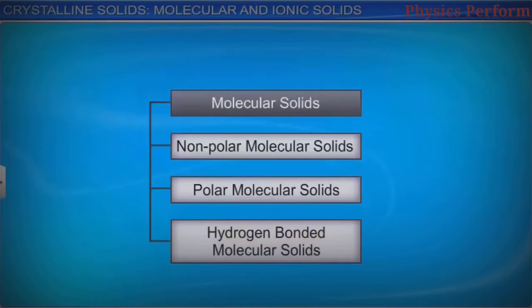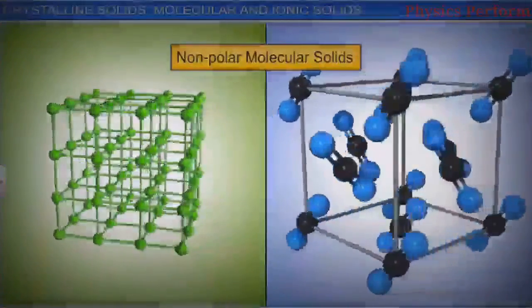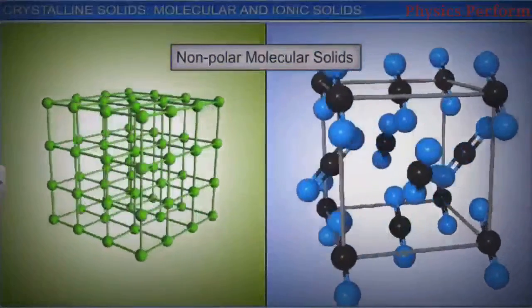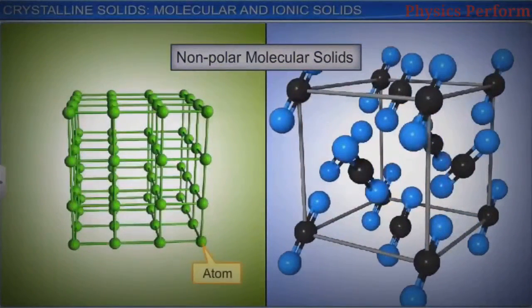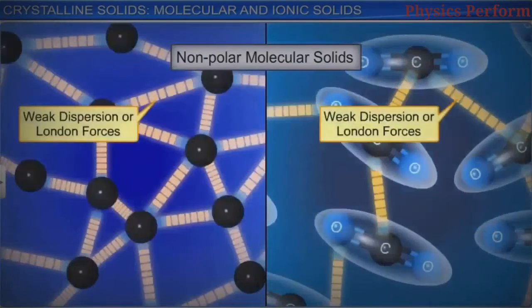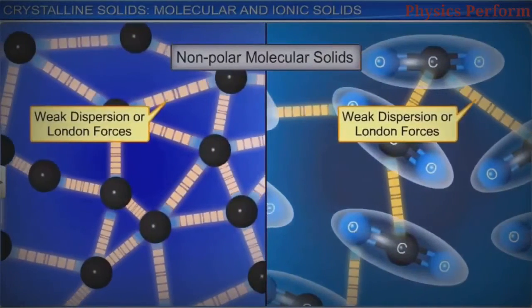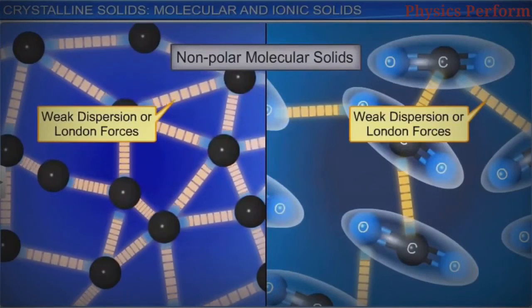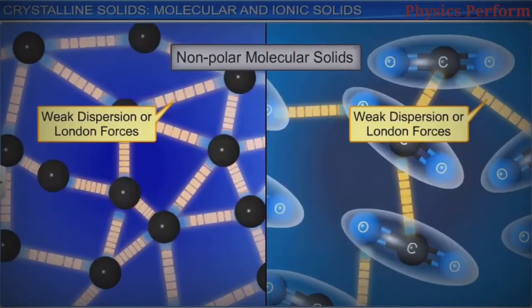In non-polar molecular solids, the constituent particles are either atoms or molecules. The atoms or molecules in these solids are held together by weak dispersion or London forces. As a consequence, these solids have low melting and boiling points.